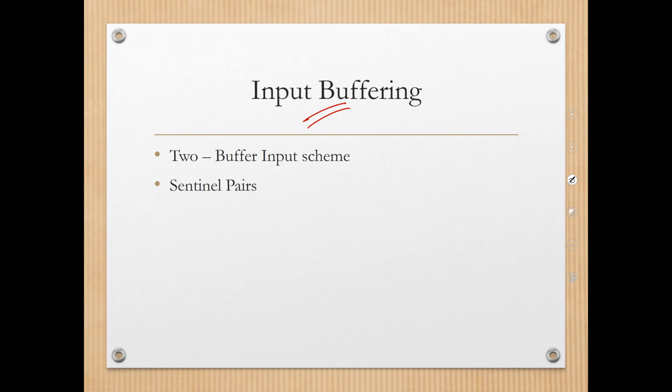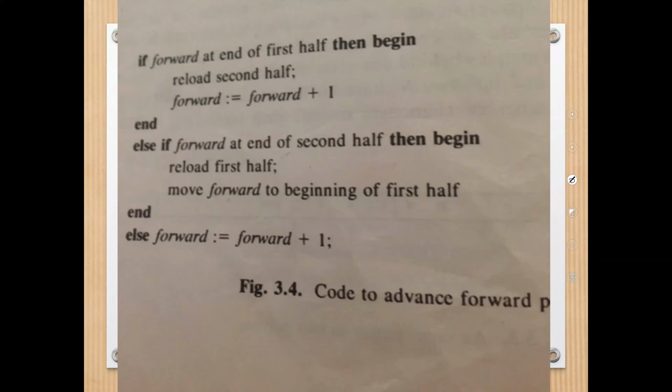There are two ways in which input buffering happens in lexical analysis. One is via the two buffer input scheme, the first method, and the other is through something called sentinel pairs. We will first look into the two buffer input scheme.